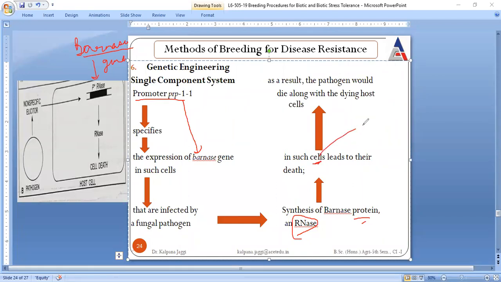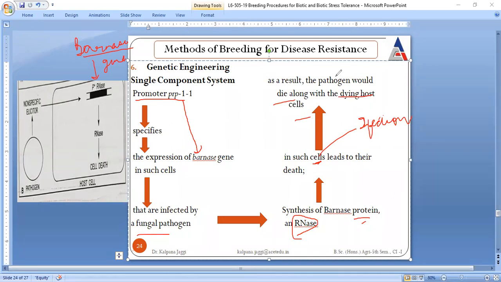Very important, the cell that is infected. We are not to artificially induce death of normal cells. Obviously, we need to lead to the death of the cells which are infected by the fungal pathogen. As a result, the pathogen will die along with the dying host cell, and this is what we are calling artificially programmed cell death.